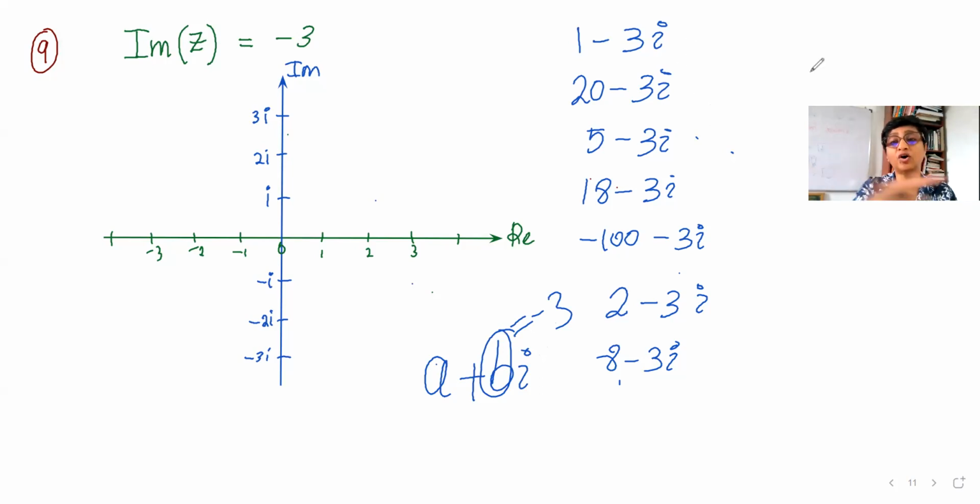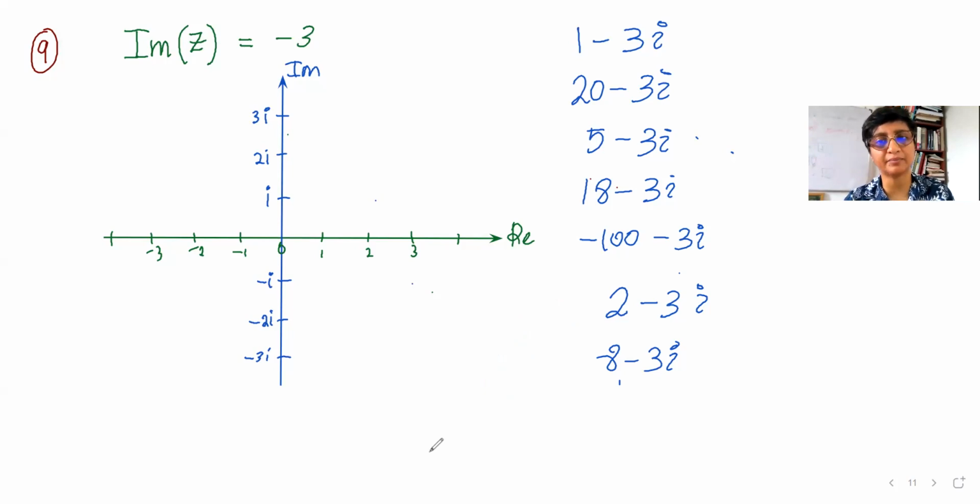I wanted to show all such possible numbers on this complex plane. And Nathan, what happened to you was you didn't know what real part or imaginary part meant. If you knew that, you would be able to give an example. Please revise the first day, second day, last week work.